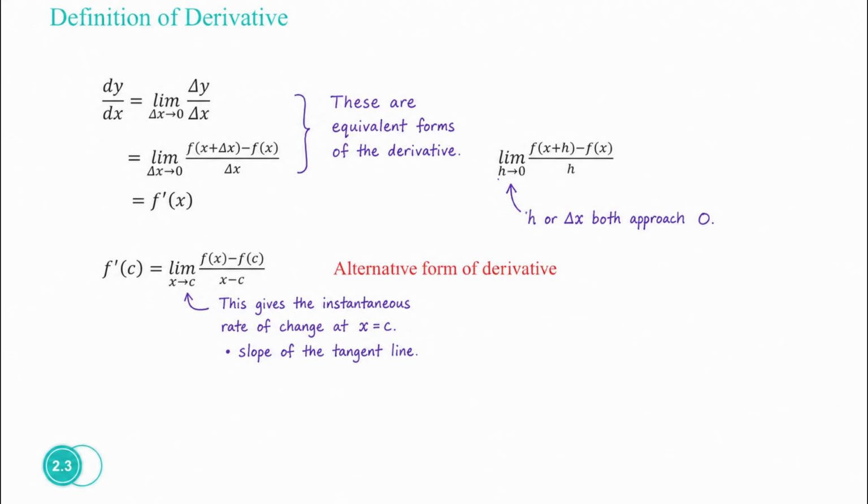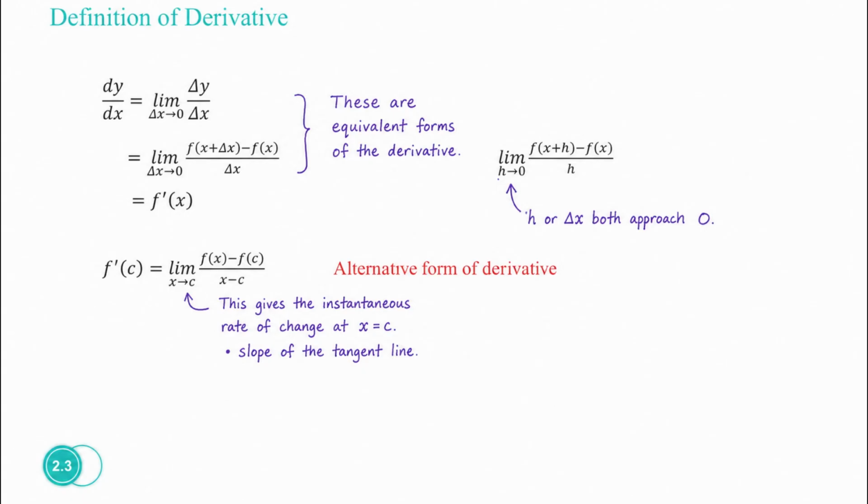We can also write it as f prime x equal to the limit as delta x approaches 0 of f(x plus delta x) minus f(x), over delta x. And another equivalent form is the limit as h approaches 0, f(x plus h) minus f(x) over h. Here, h and delta x are just different symbols.